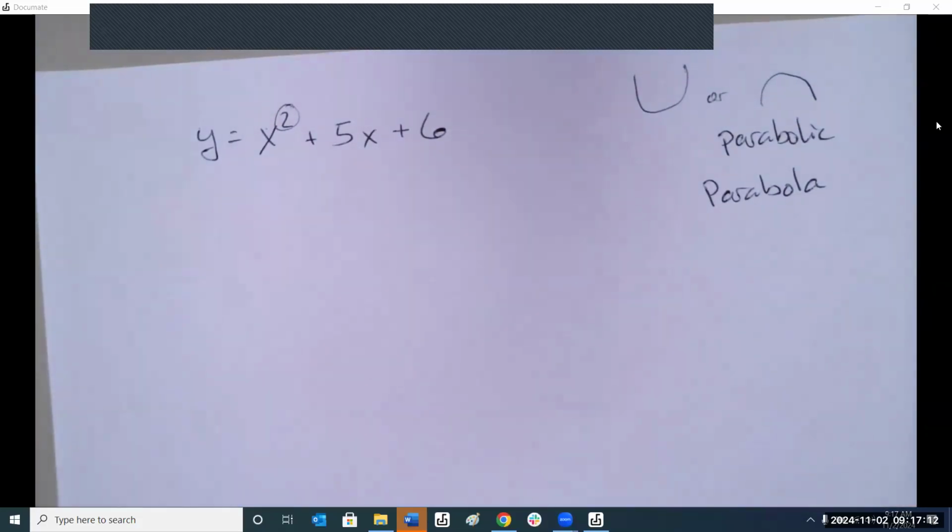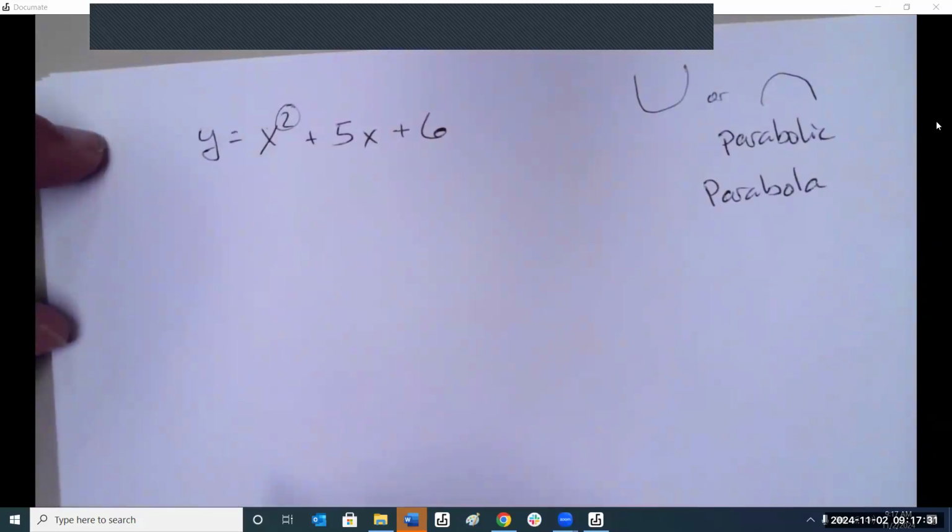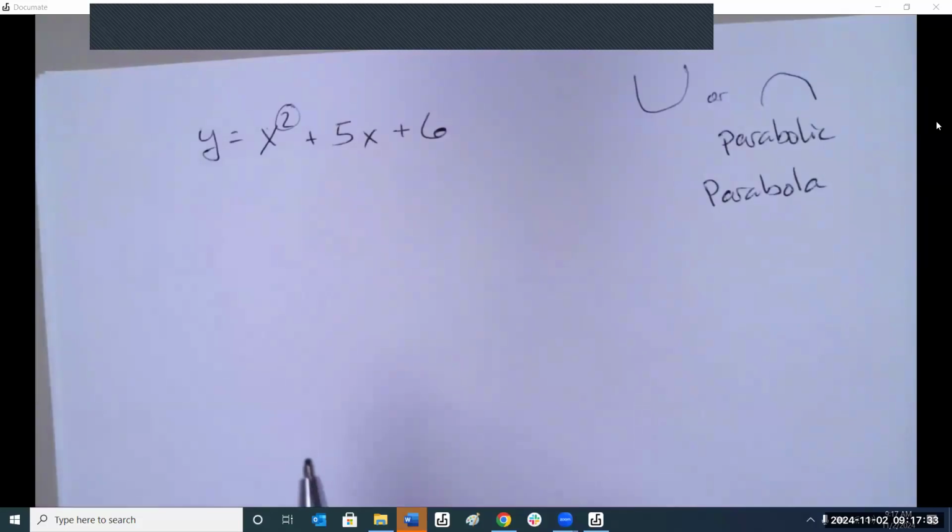A lot of times I say parabola because it helps me spell it too. It's parabolic in shape, which means it's a curve. Think about it. What does parabolic mean? It's like a satellite dish. Those are parabolic. Yeah, just take a circle and cut it in half. It's parabolic.